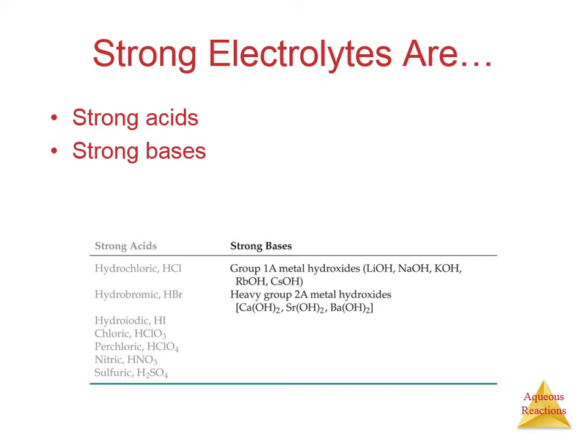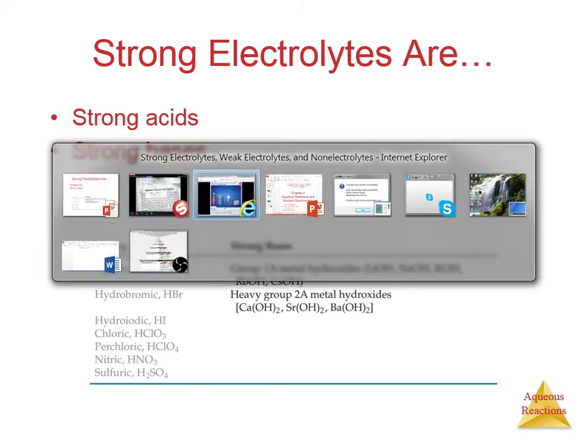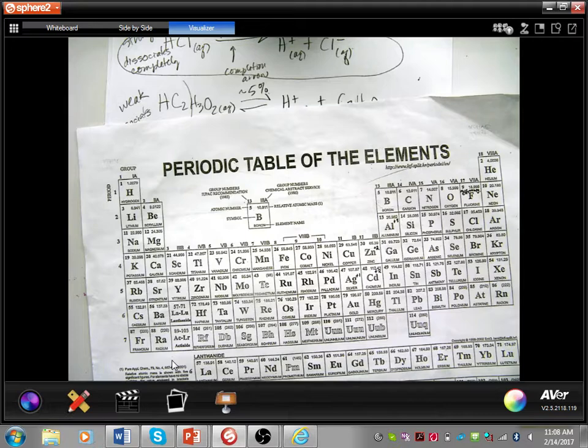All right, there's a trick also for knowing the strong bases. Let's see, there's how many? 1, 2, 3, 4, 5, 6, 7, 8. If you look at the periodic table, look here.